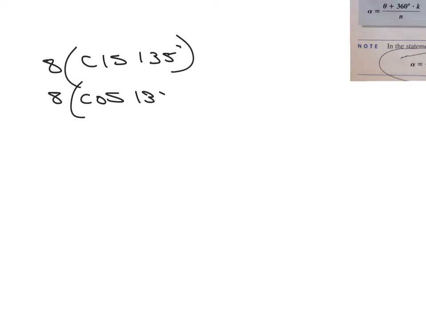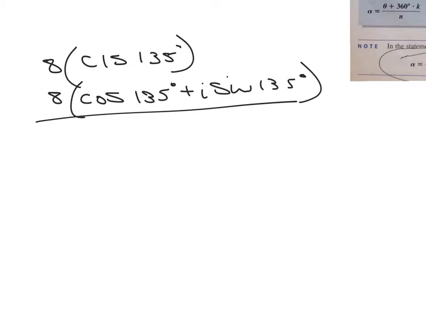So if we have 8 cis 135 degrees, or 8 cosine 135 degrees plus i sine 135 degrees, let's say that we have that right there. What we're saying is that there is a formula, or there is a complex number, and let's write this complex number and use alpha as my angle.